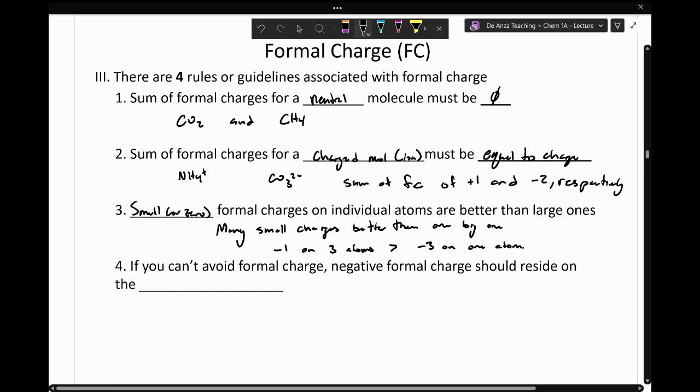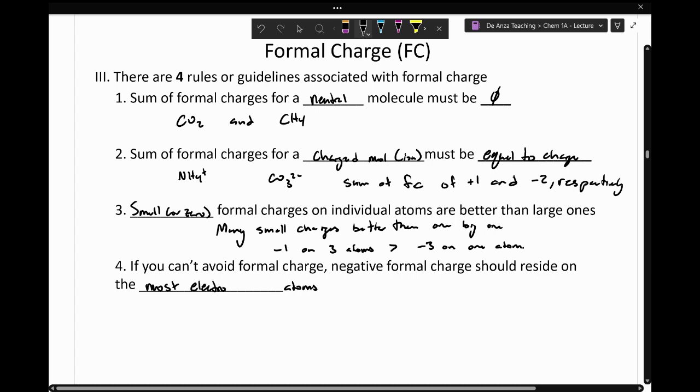And then if you can't avoid formal charge, you want to put negative formal charges on the most electronegative atoms. That's because their high electronegativity means they're pretty good at stabilizing that negative charge.